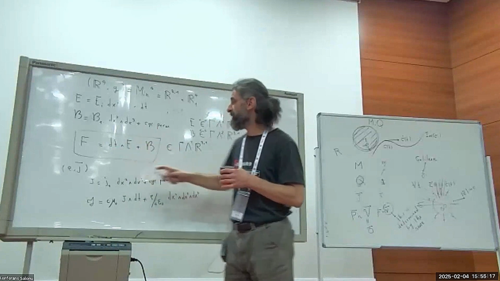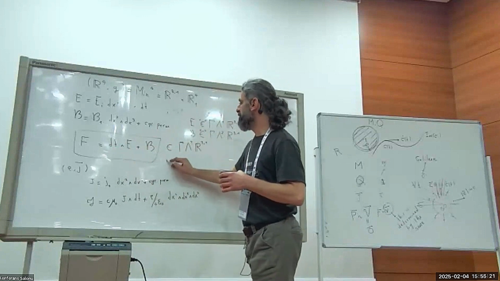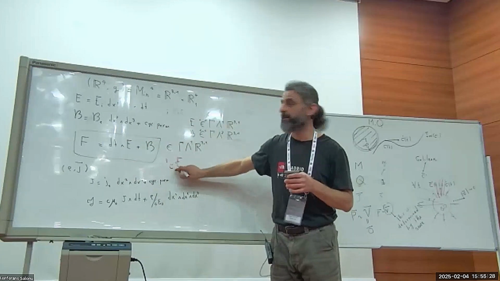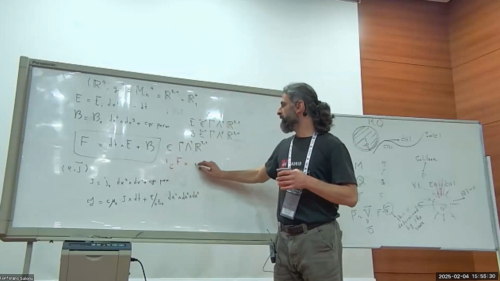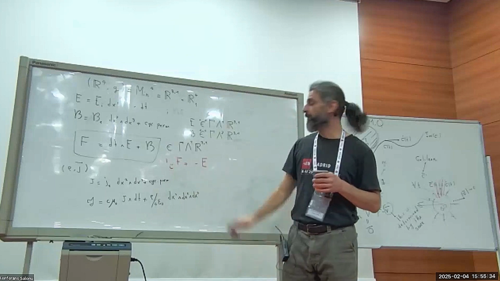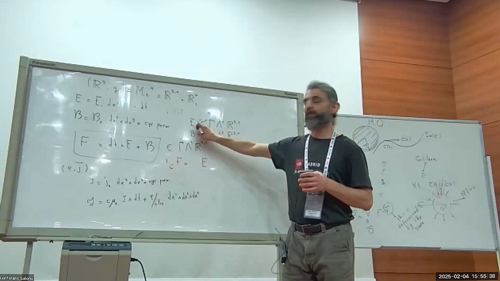But I can write this as when you contract F with respect to the velocity vector field of our test particle, you get minus A plus E. This is this.